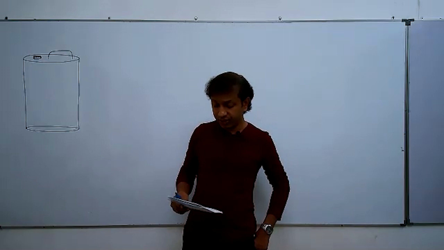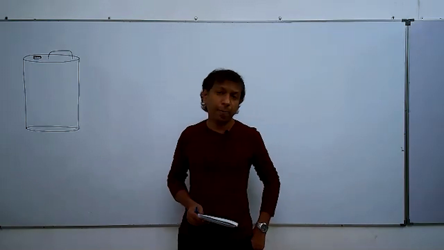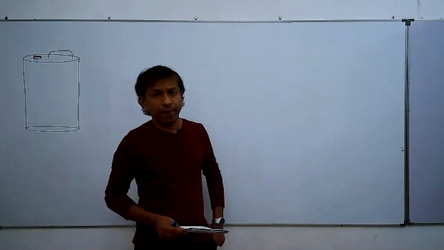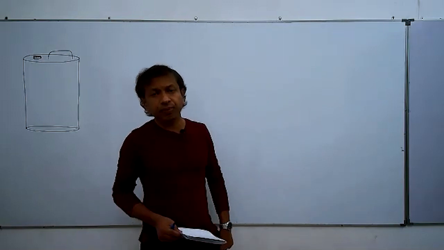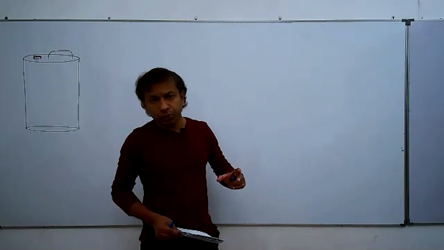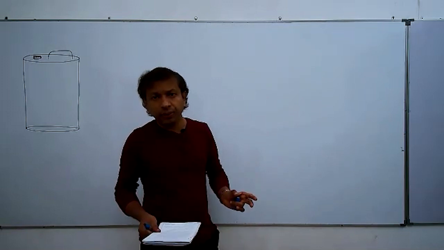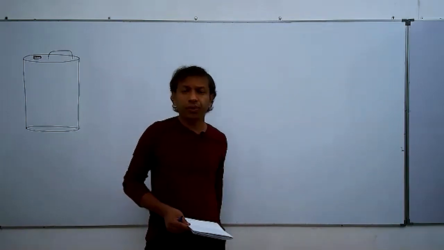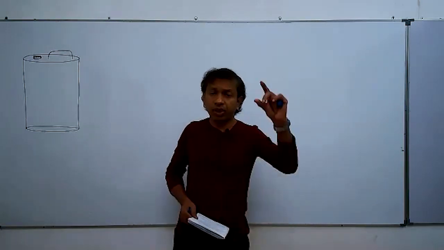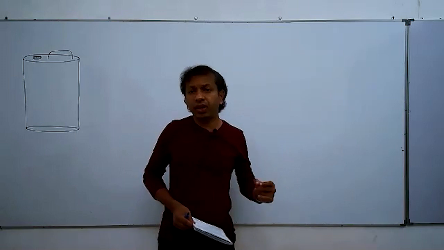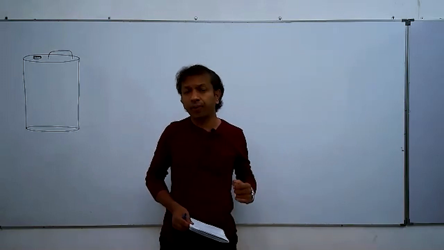Find the dimensions. People, dimensions means what? The base radius and the height. Dimensions of a particular object mean the things we have to use in order to explain it. Using the height only, people, we can't completely explain this can.